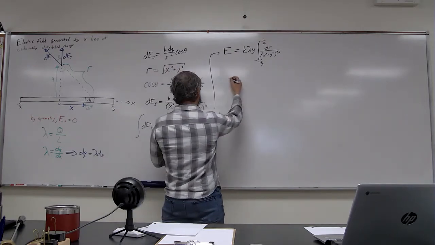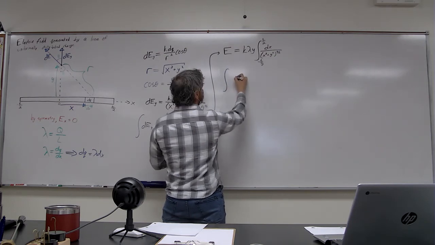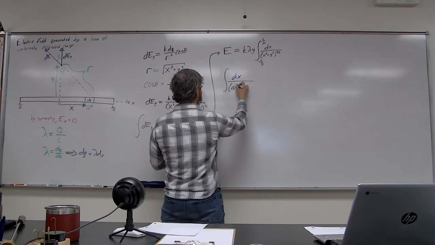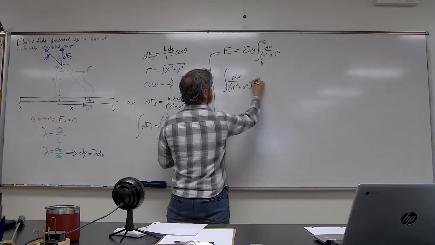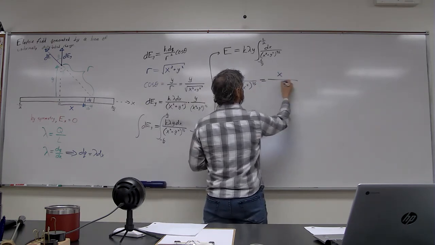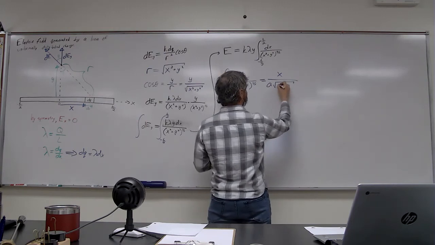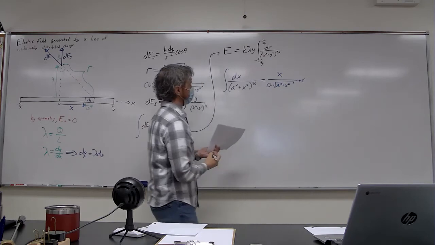And so when you do that, you'll see, and I don't even have this memorized, anytime you have an integral of dx over some constant a squared plus x squared to the 3 halves, the result will always be x over a squared times the square root of a squared plus x squared, obviously plus c at the end. Right.